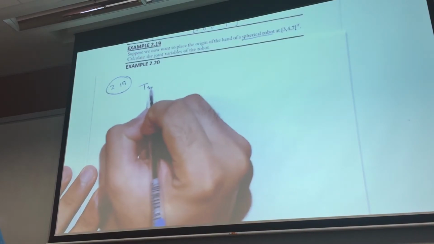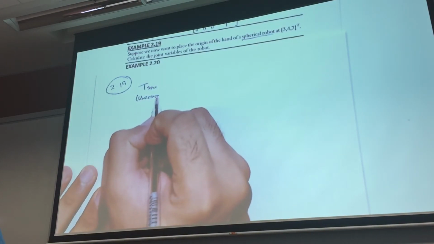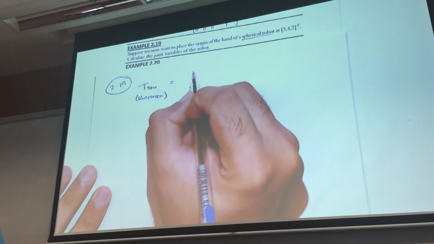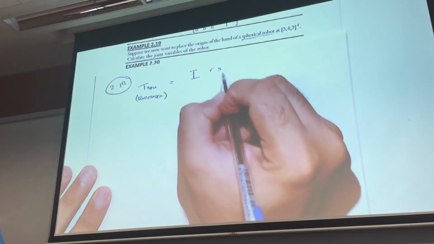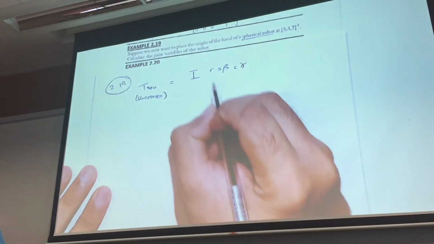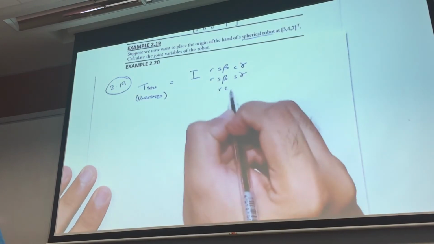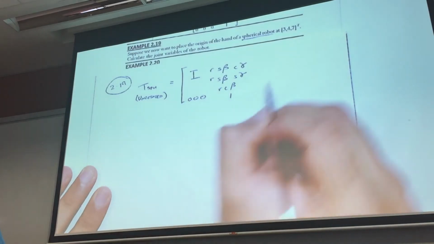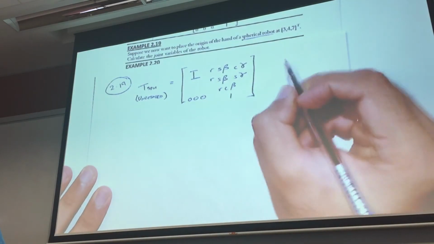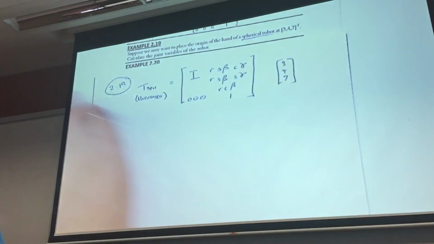So T spherical, again this is unrotated: R sine beta cosine alpha, R sine beta sine alpha, R cosine beta, then 0, 0, 0, 1. How to position it to 3, 4, 7.